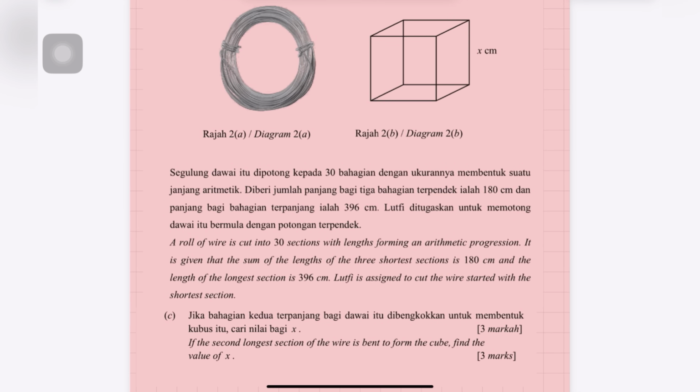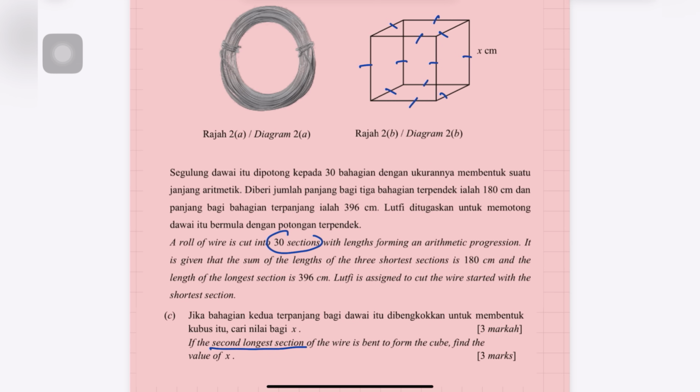C. If the second longest section of the wire is bent to form the cube, find the value of X. The second longest section, just now there are 30 sections, so the second is T29, right? We want to form X. How many sides do we have? 1, 2, 3, 4, 5, 6, 7, 8, 9, 10, 11, 12.